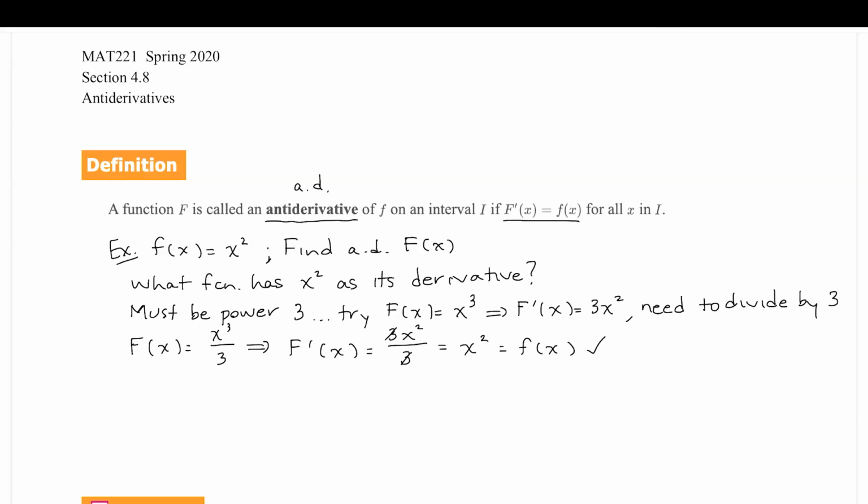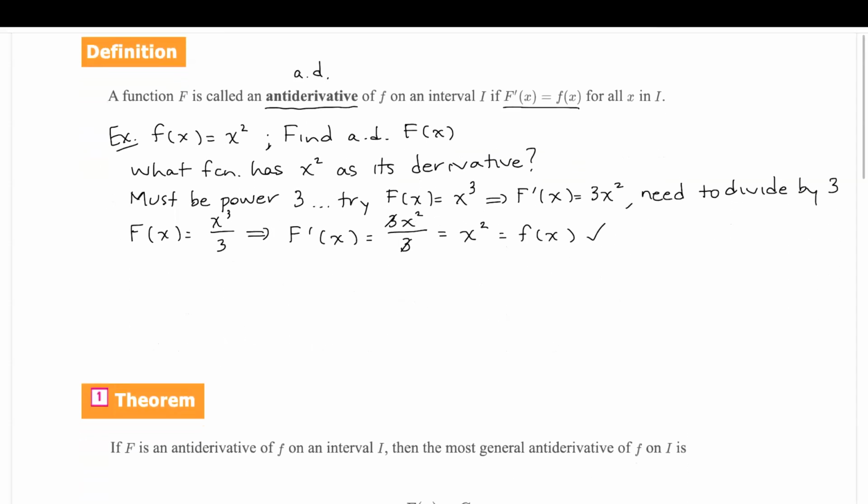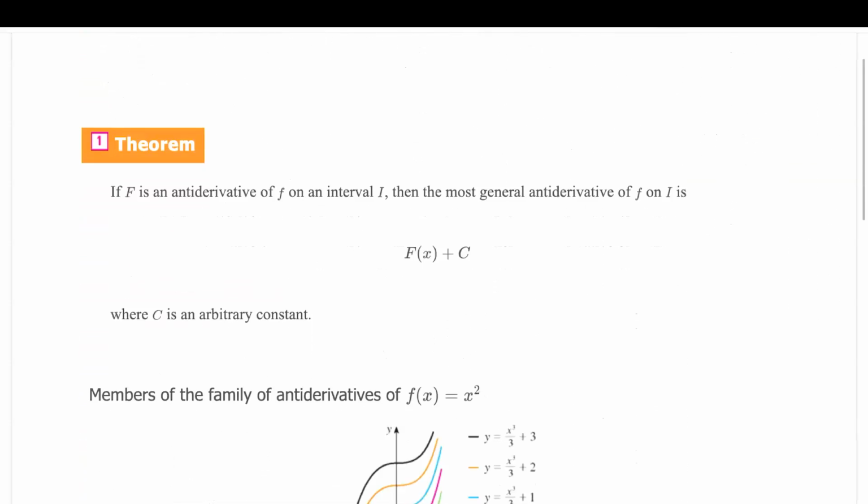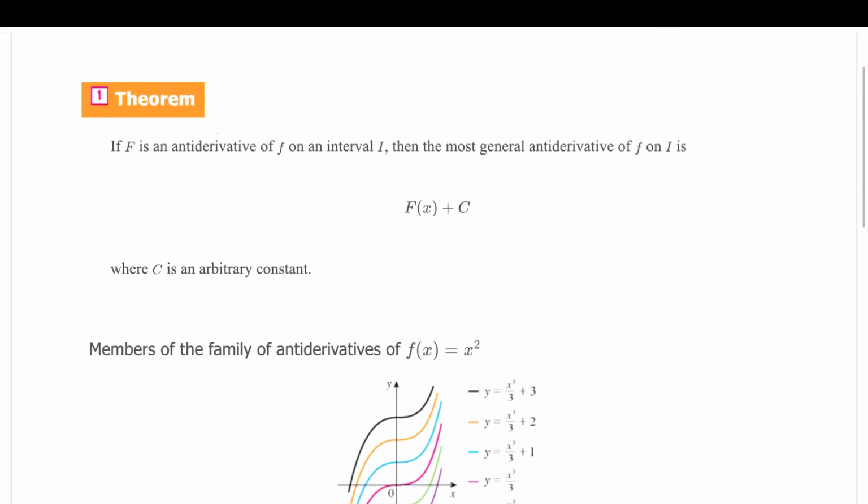That's my little f that I started with. So that worked. So that's kind of where we're at. We want to try to think about what function has this that I'm given as its derivative. We want to find an antiderivative.